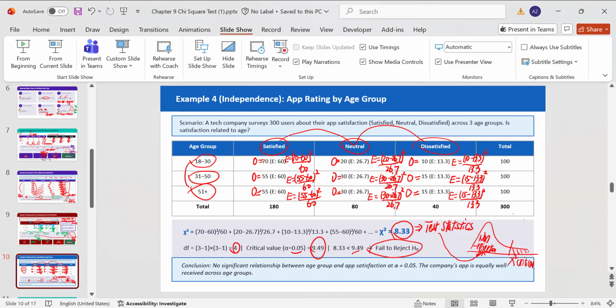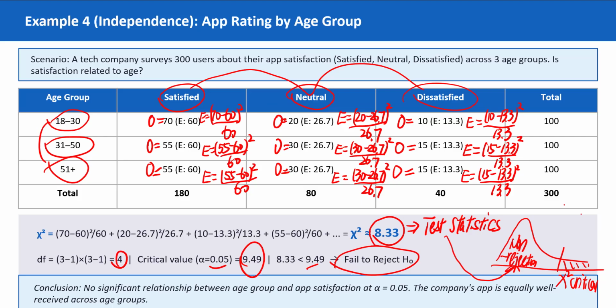The p-value is greater than alpha, so we fail to reject the null.